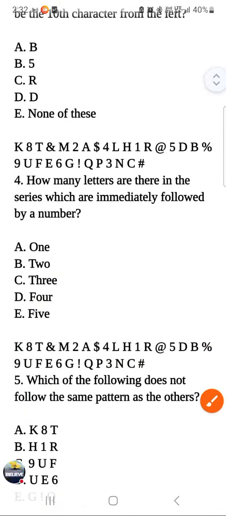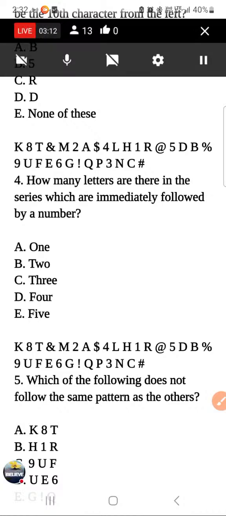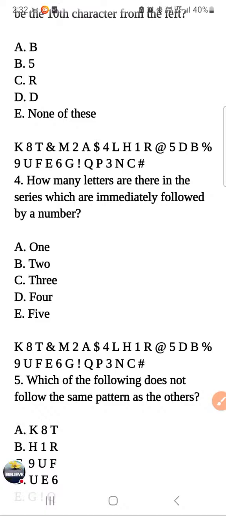Fourth question is, how many letters are there in the series which are immediately followed by a number? The letter has to be followed by a number.